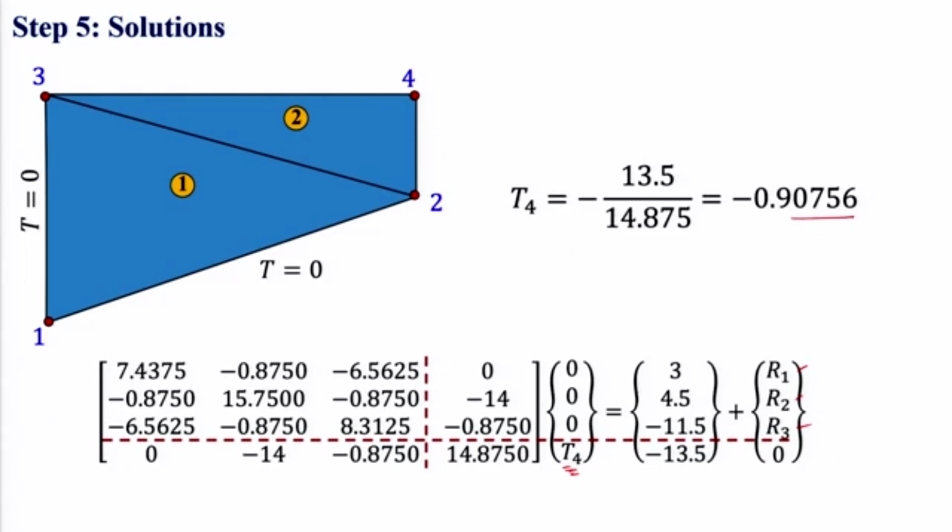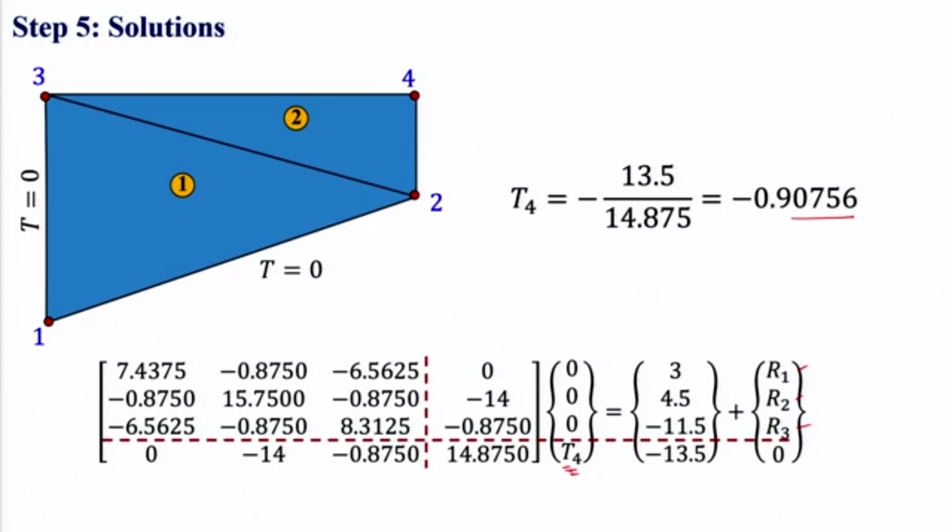So this is the solution we have. Now once we know T4, we know the primary variable T1, T2, T3 and T4 at all the nodes. We know how these variables are approximated over each element. Then we can calculate the flux term and do the postprocessing, plot the results and all.